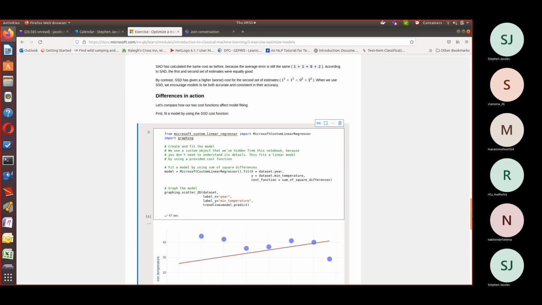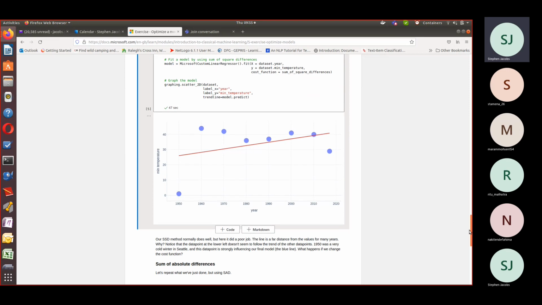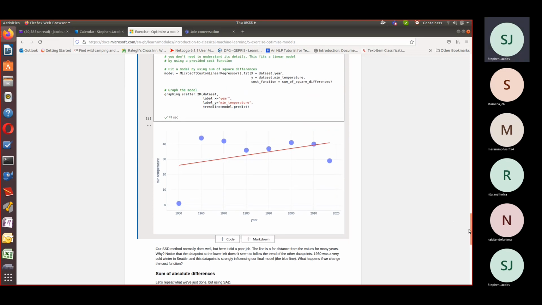So that is interesting. That's the data, and it's saying the minimum temperature is predicting an absolute minimum temperature for each year that you specify. So it's predicting what temperature you might expect. 1950 seemed to have been a particularly cold year based on our information. And then lastly, the sum of our absolute distances.